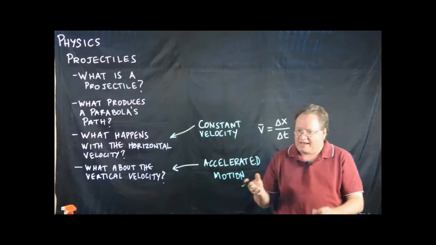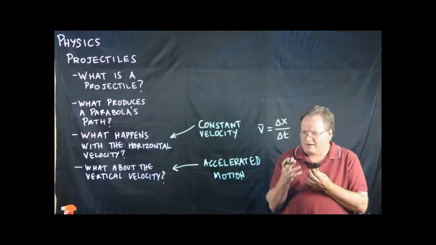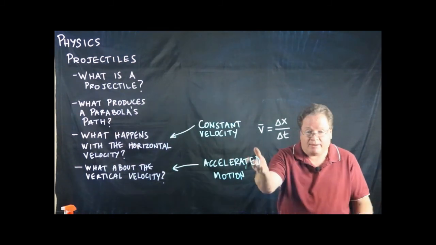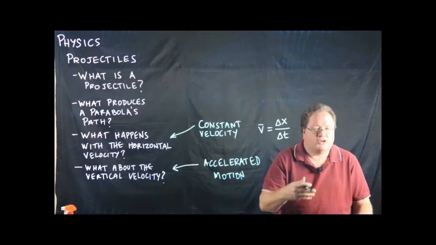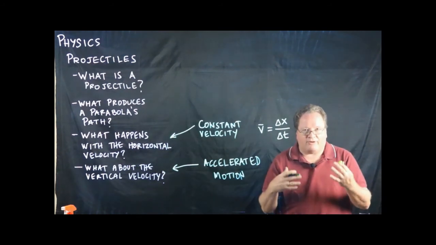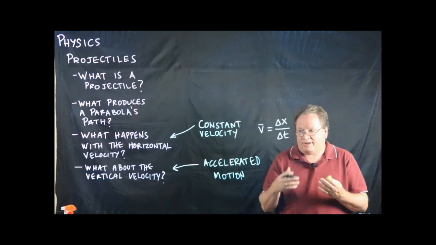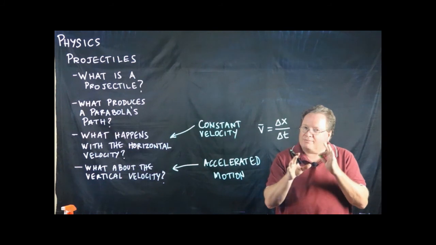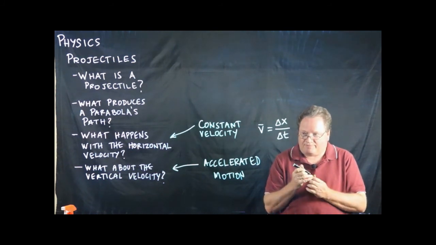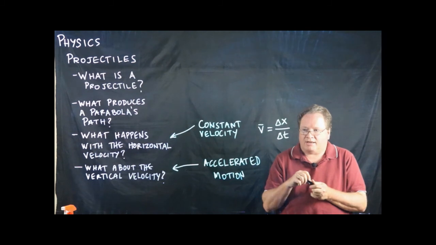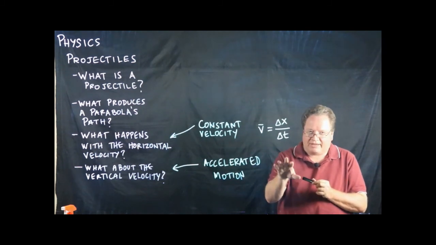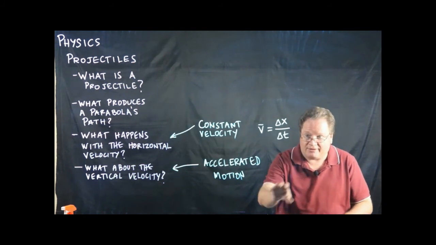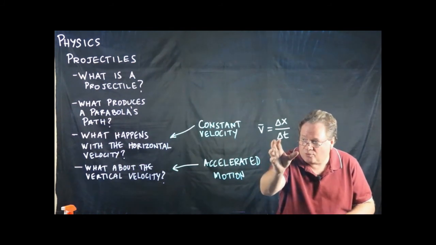So if I think about what kind of formulas I might use for vertical velocity, remember, being accelerated motion, you're going to use all of those 5 variable formulas that we went over in the previous section. All right? I'm really talking mainly here with AP Physics. Regular physics, you guys, we didn't really go into those formulas too much, but AP, you guys know the formulas I'm talking about. You would use those with the vertical.